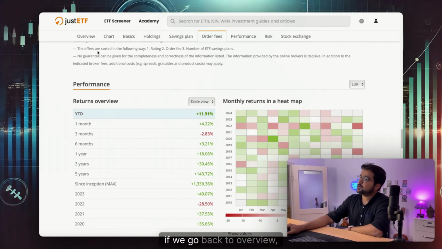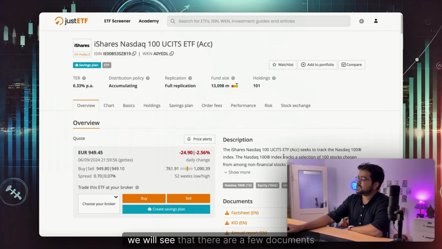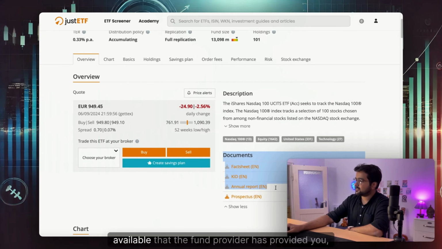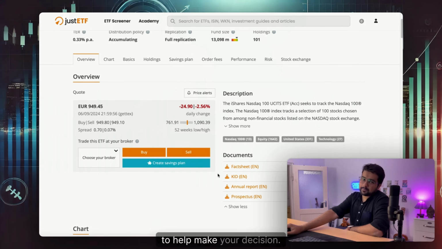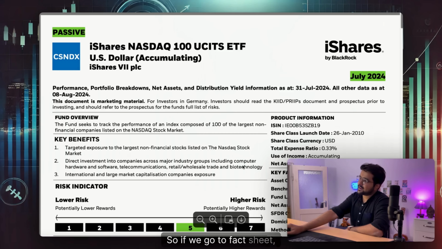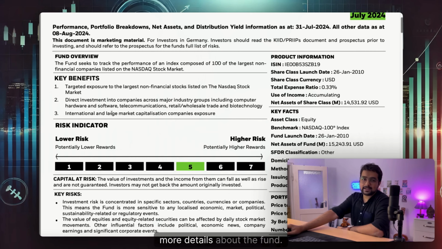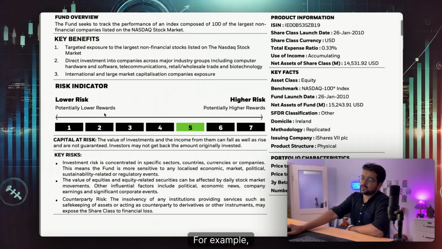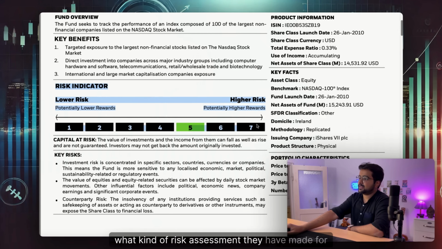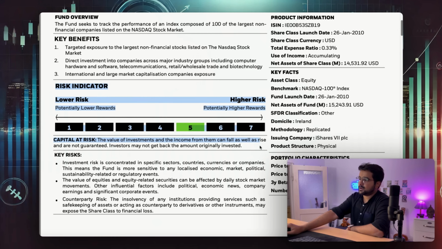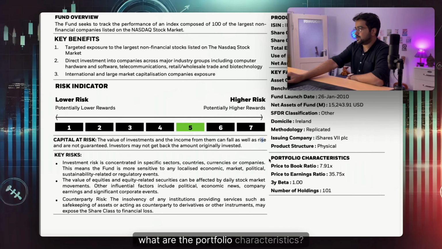So finally, if we go back to overview, we will see that there are a few documents available that the fund provider has provided you to help make your decision. So if we go to Factsheet, for example, here we will find a few more details about the fund. For example, what kind of risk assessment they have made for this ETF, what are the portfolio characteristics.